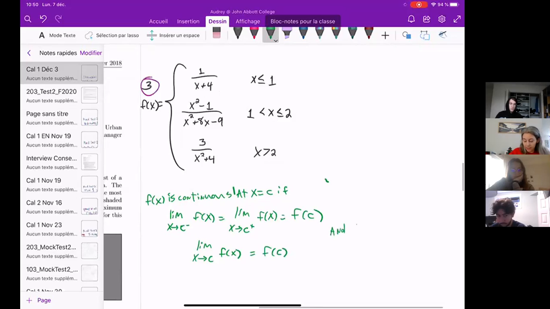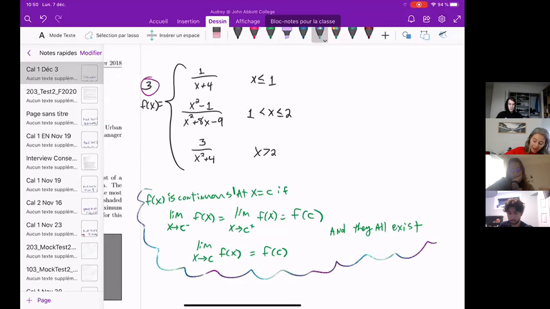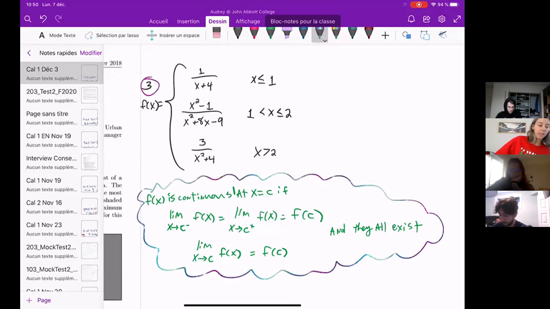And they all exist. So this definition is important, and just FYI, sometimes you're specifically asked to state it on the final, so you may end up having to state this. But regardless of whether or not you have to state it, you have to use it to justify your answers. This is the only justification that's acceptable.